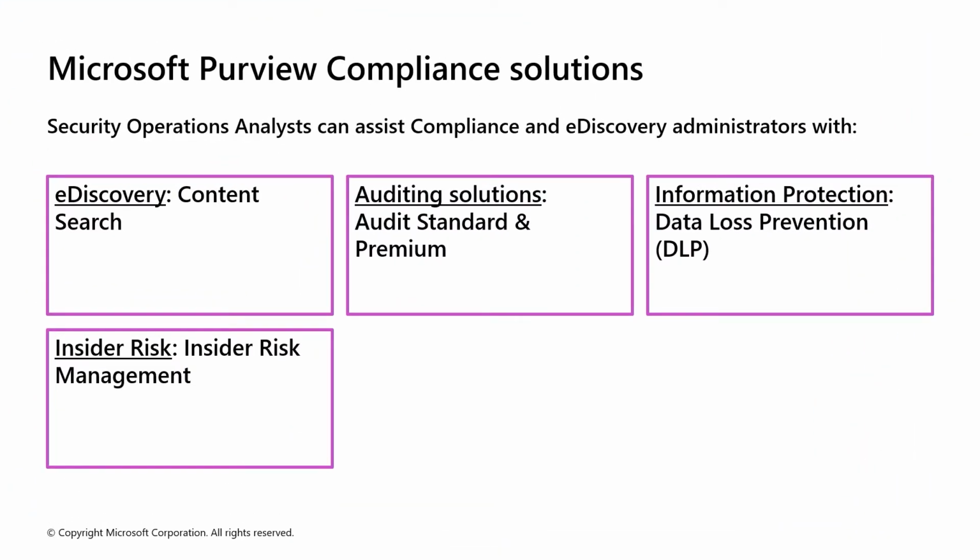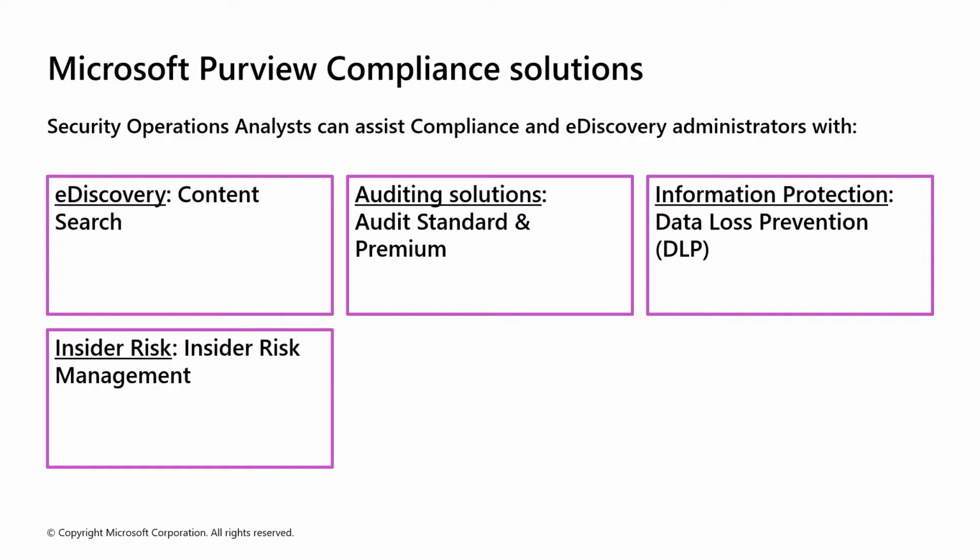Think of e-discovery as the process of finding and sharing electronic information that could be important in a legal case. It's all about tracking down digital evidence when it's needed. Microsoft Purview offers built-in tools that help organizations stay on top of security events. Whether it's forensic investigations or an internal review, these solutions make it easier to gather the right data and respond quickly.